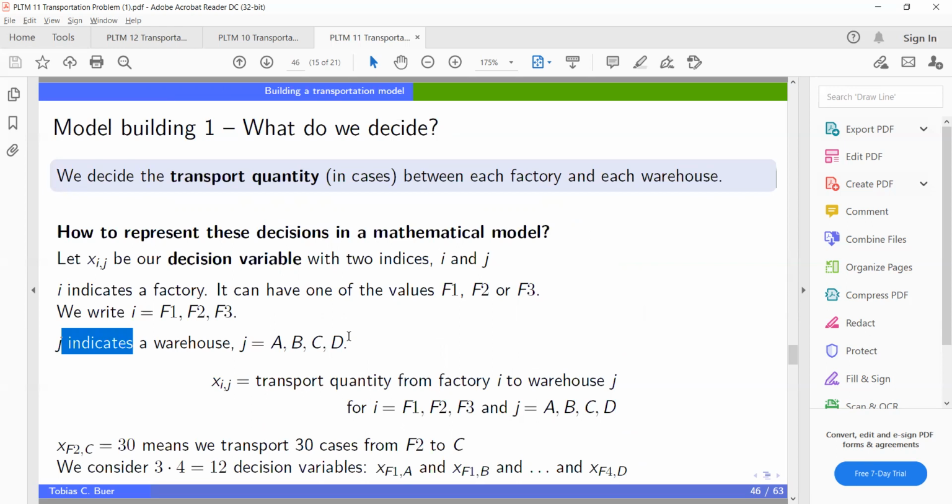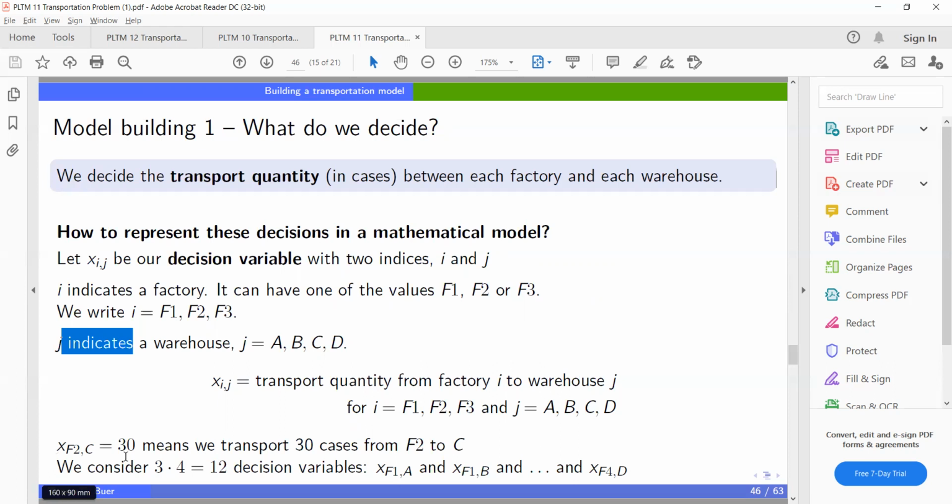And we write it in this generic way, Xij, to indicate the transport quantity from the factory I to the warehouse J. And then I can have these 3 values and J can have any of these values. For example, if we write X F2, C, it is 30.